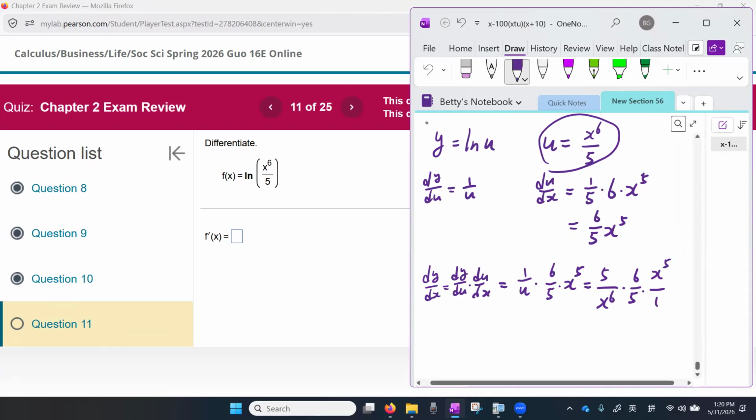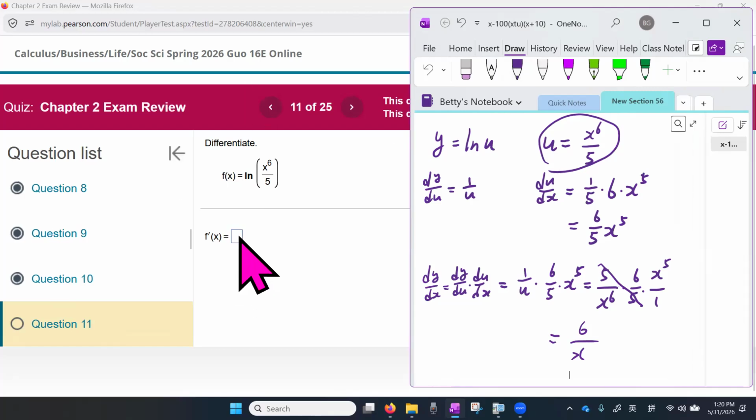So the 5 cancels, right? And we have a 6 in the numerator. We have x in the denominator. So it is just 6 over x.